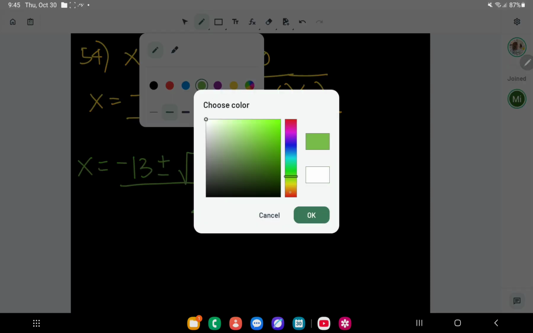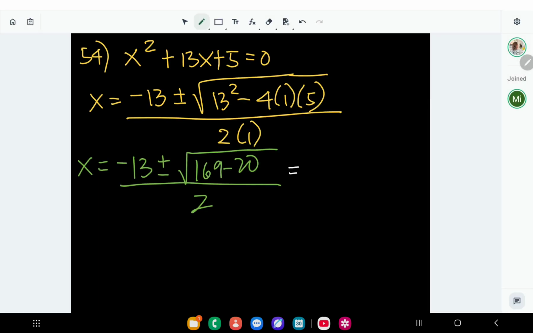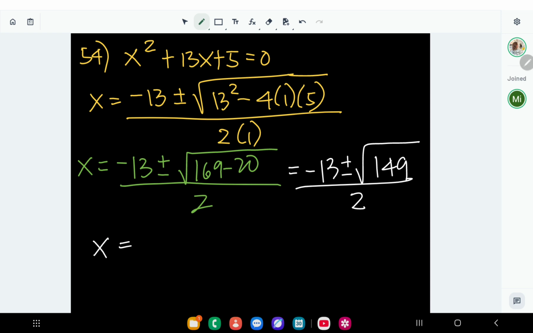So this is negative 13 plus minus square root of 149 over 2. So we cannot break 149. There's nothing we can do further. So our answer is just negative 13 plus minus square root of 149 over 2.